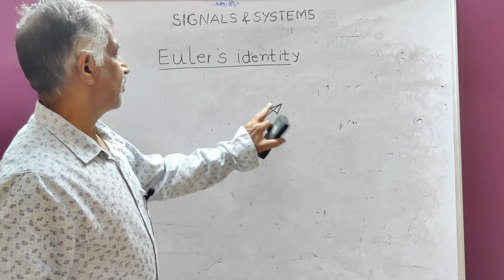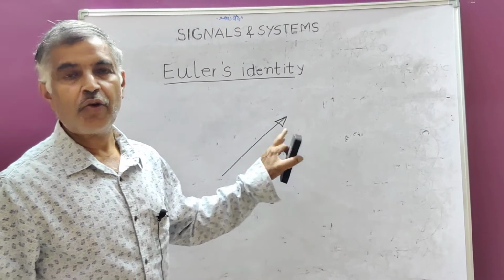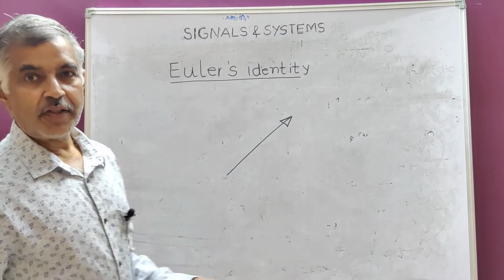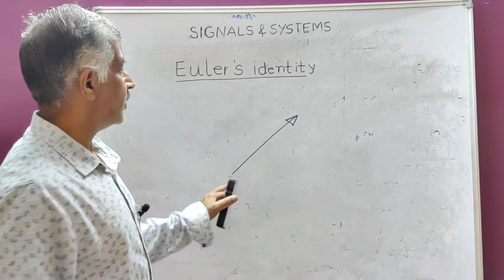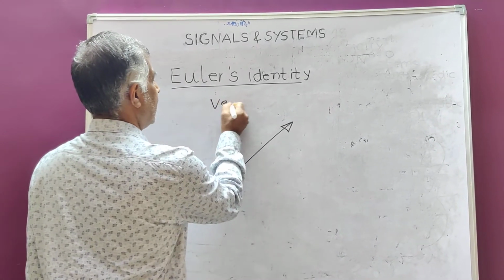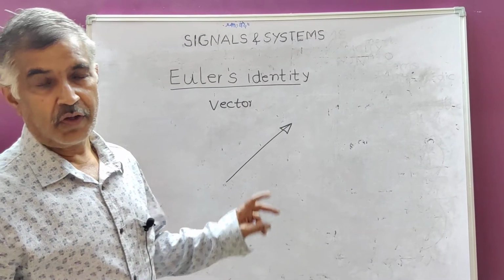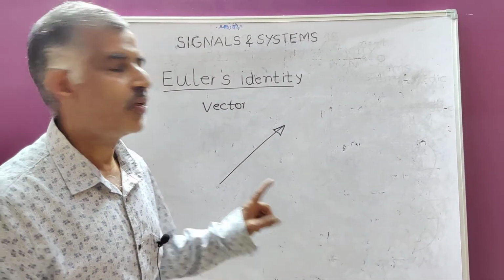How to mathematically represent this vector is the question. There are three forms of representing a vector. These concepts are useful for you when you take up Z transformation.